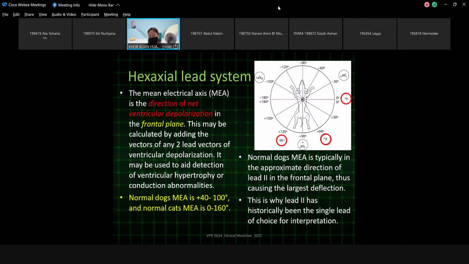If the machine has only 2 to 3 electrodes to put onto the animal, the most important thing, if you don't know how to read, you sit down there and cry, you only look at lead 2. So vets are very happy looking at lead 2 only. Human doctors will cry looking at an ECG, because they have 12 leads to read.